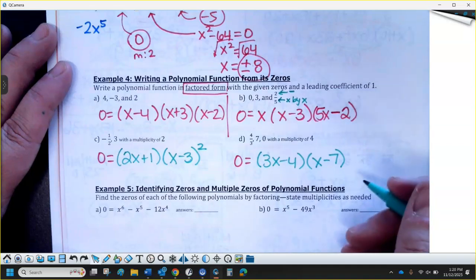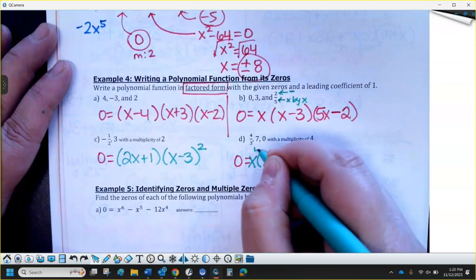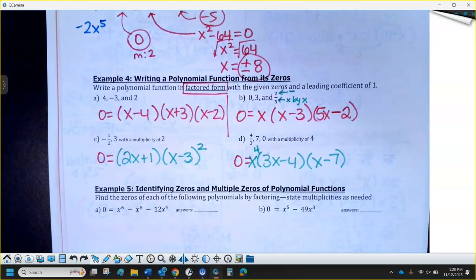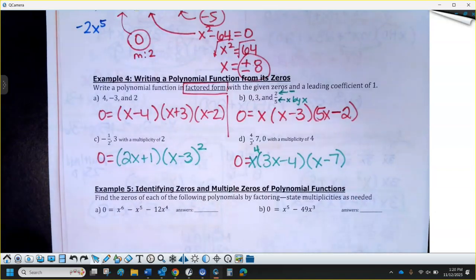I probably should have put that at the beginning. So I'm going to sneak an x out in front to the 4th. If 0 is one of your solutions, you just put an x, and because it says multiplicity of 4, I'm going to put an exponent of 4. If you have a multiplicity, just use that as an exponent on your parentheses, or if zero's one of the solutions, we do it like that.